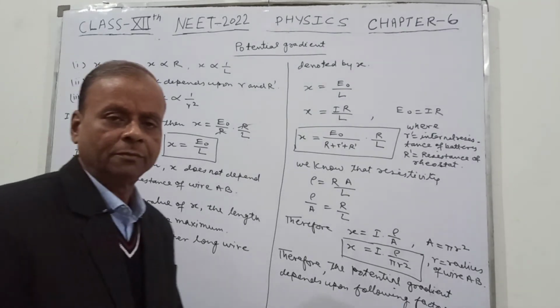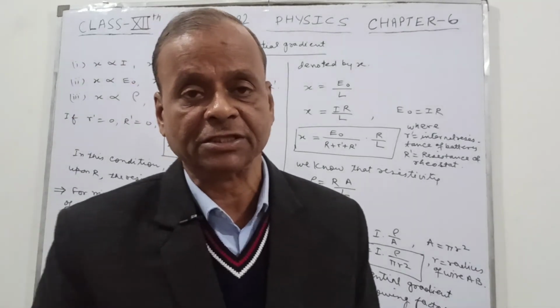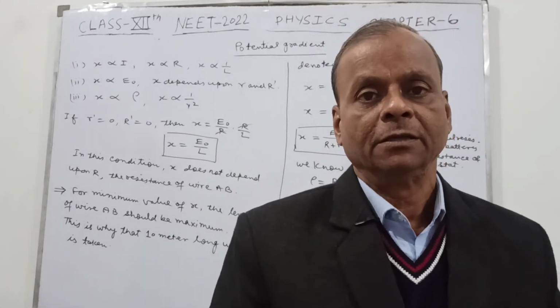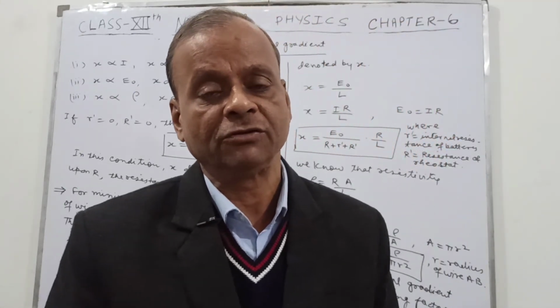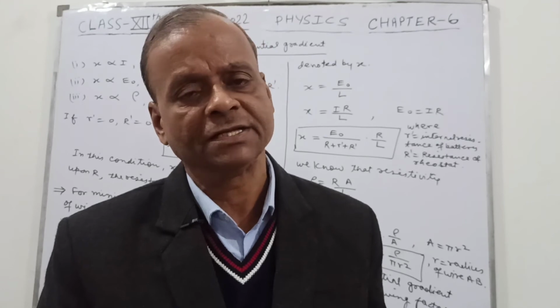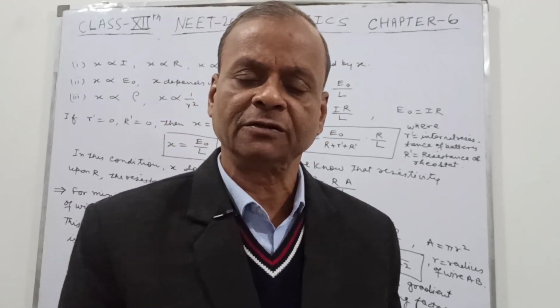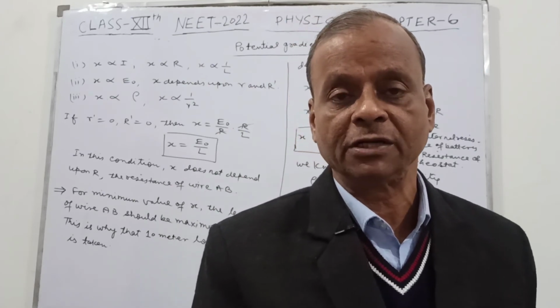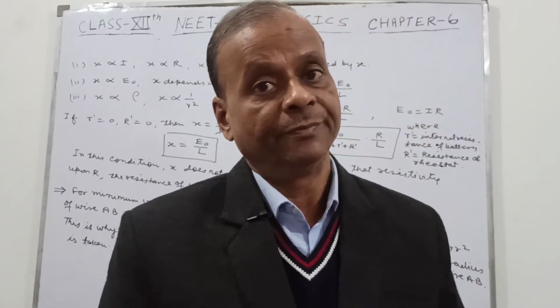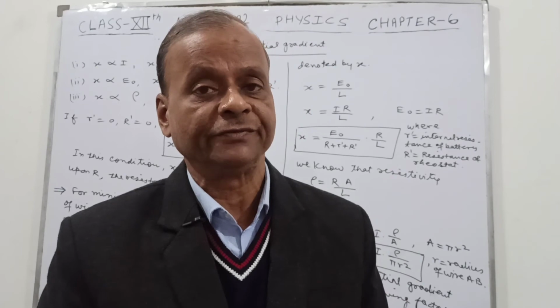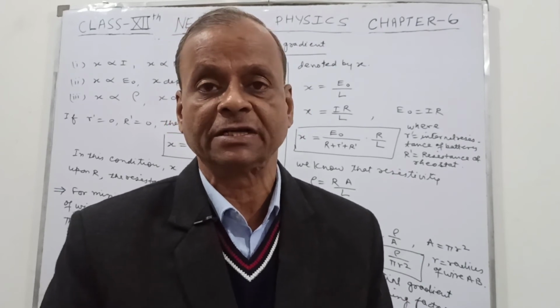Sometimes they ask why we take a 10 meter long wire, why can't we take 1 meter or 2 meter? We can, no problem. You can take 1 meter, 2 meter, 3 meter, 4 meter, 10 meter, 100 meter, whatever you like. The larger the value of the length, the less will be the potential gradient.